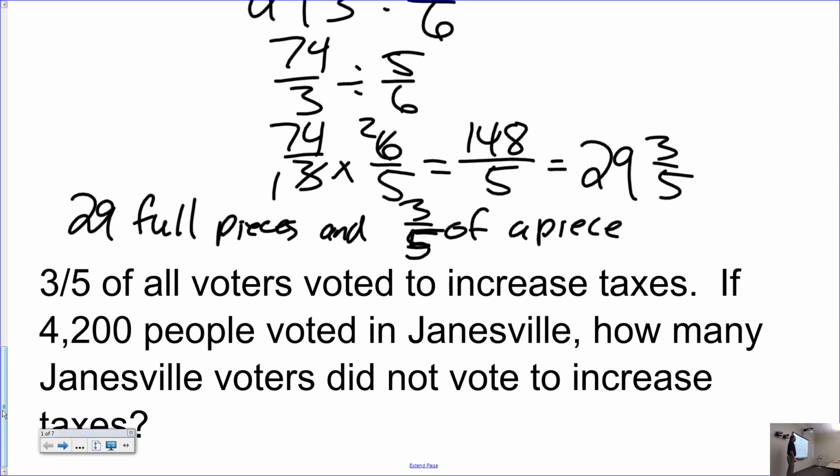How long is 3/5 of a piece? Why do you want to ask that question? Because it's the same as the sugar problem, right? What's 3/5 of 3 1/3 pounds of sugar? Multiply, right? What's 3/5 times 5/6 of a foot, folks?